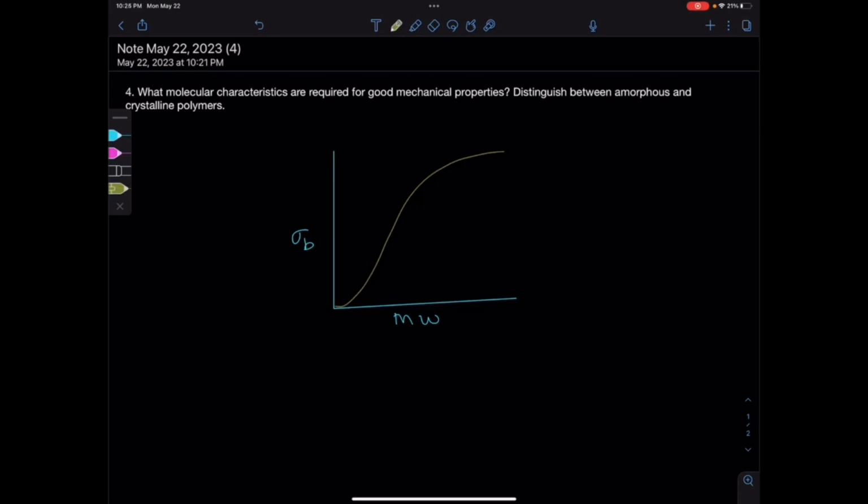And since the major point of weakness at the molecular level is in the chain ends, because they don't transmit the covalent bond strength, the tensile strength reaches an asymptotic nature at infinite molecular weight. So we can say that as molecular weight increases, tensile strength increases.